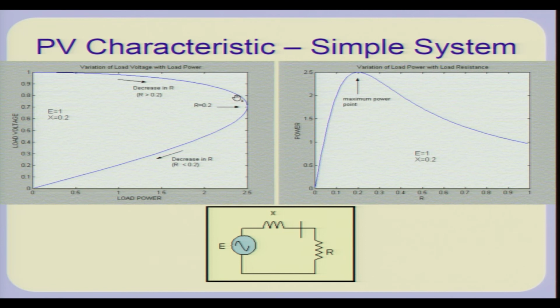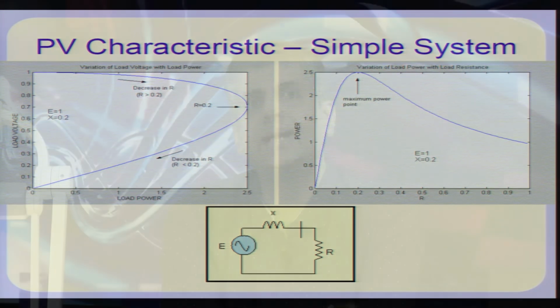It will decrease R, and that will increase the power. But suppose you are in this other region; if you do the same thing, decreasing R will in fact cause power to reduce. This is counterintuitive behavior, and if your controller does not know this, it will go on reducing R, and power will further reduce, and it will keep taking the same wrong action in this region to try to increase power.